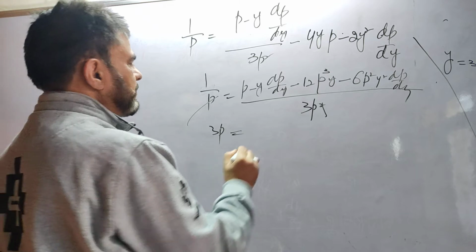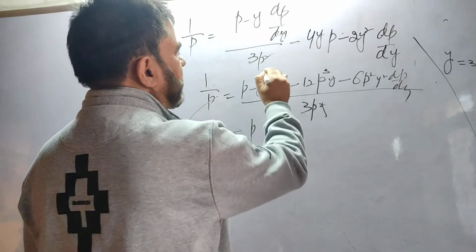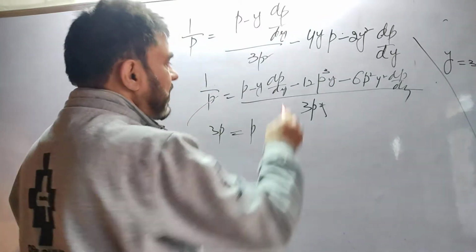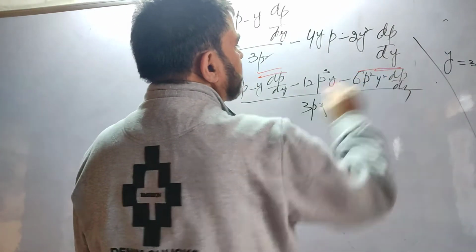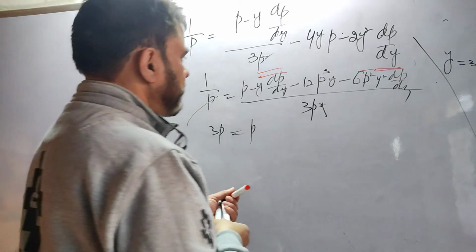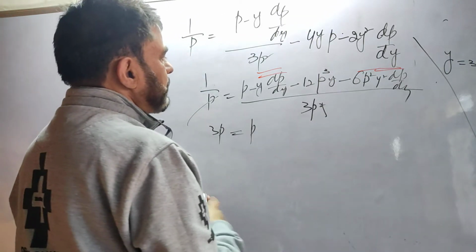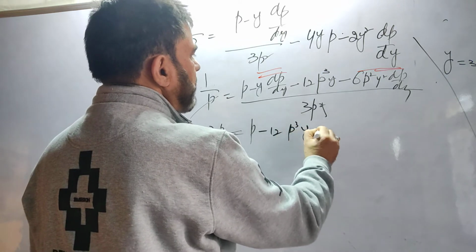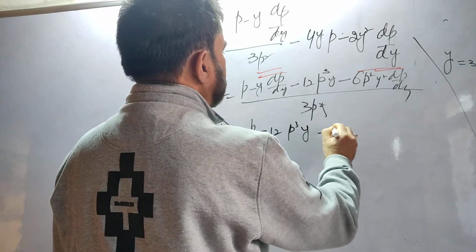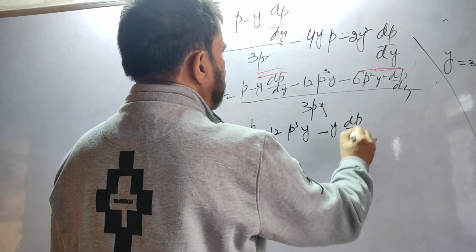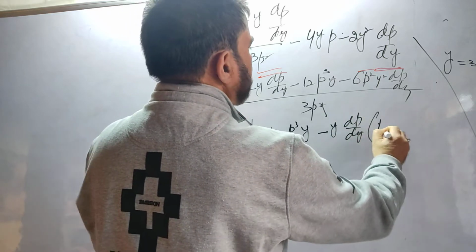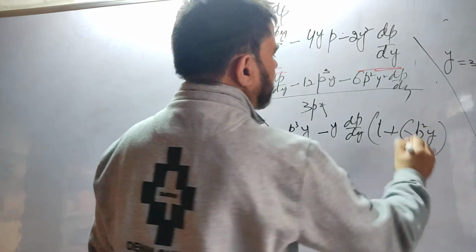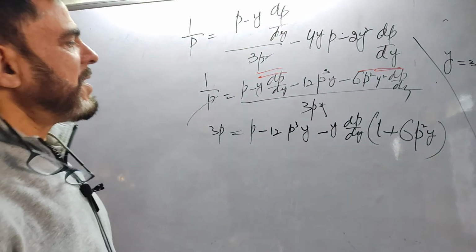Let me connect this with the derivative. Let me see what it gives me. This is your p minus 12p cube y, take minus y dp by dy, this is 1 plus 6p square y, 1 plus 6p square y.